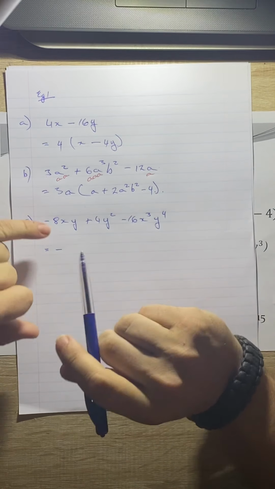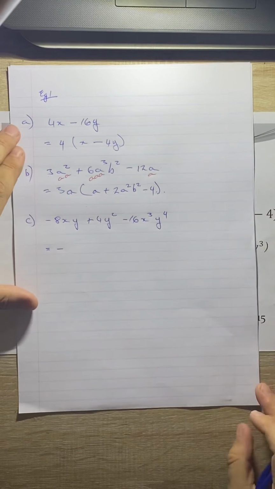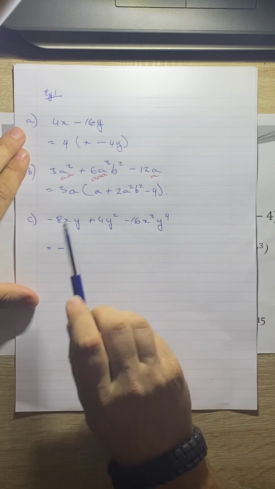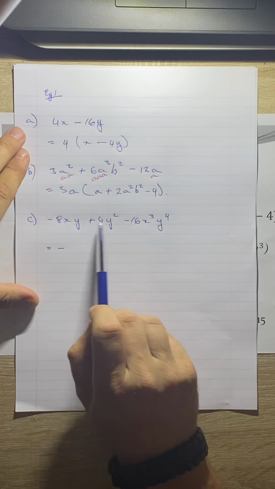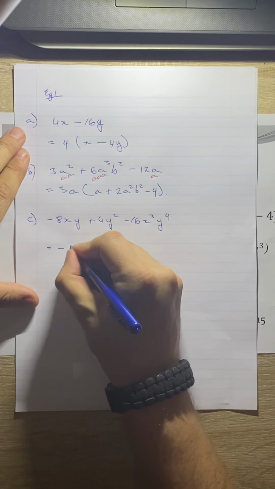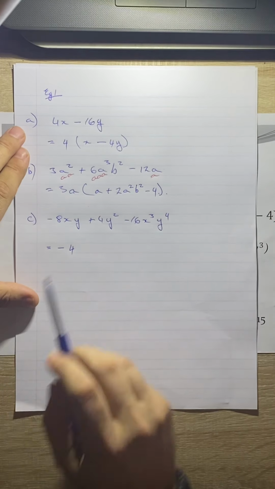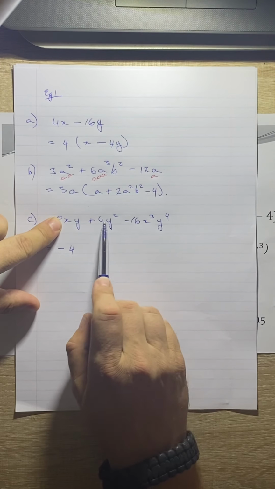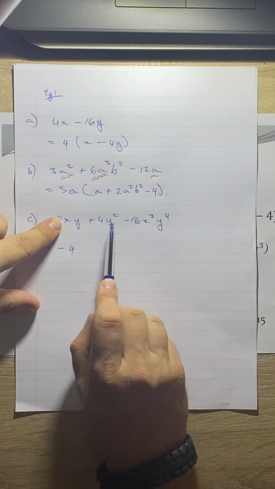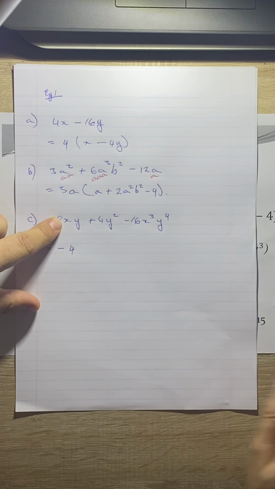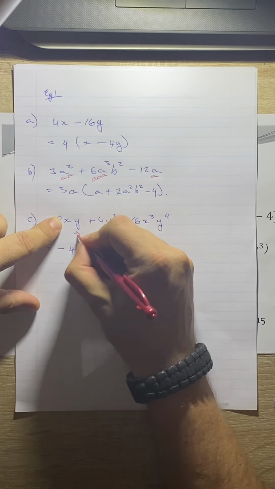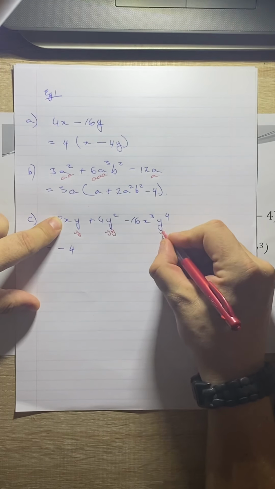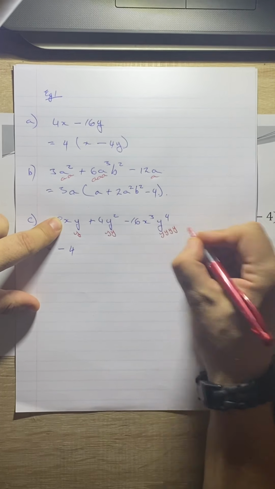Next I look at my numbers: 8, 4, 16. What's the highest number that goes into 8, 4, and 16? It is 4. This one's got 1x, no x's, 3 x's, so x is not common because this one does not have an x. Now this one has 1y, this one has 2 y's, and this one has 4 y's.